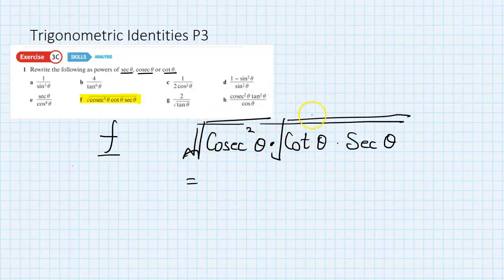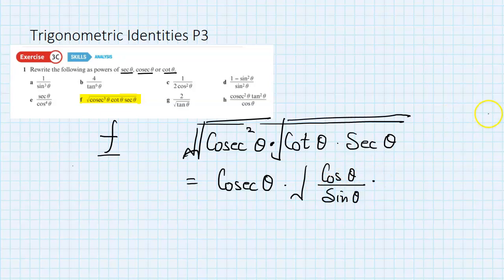So cosec square theta under the root is cosec theta. Now cot theta can be written as cos theta over sine theta, and sec theta can be written as 1 over cos theta.